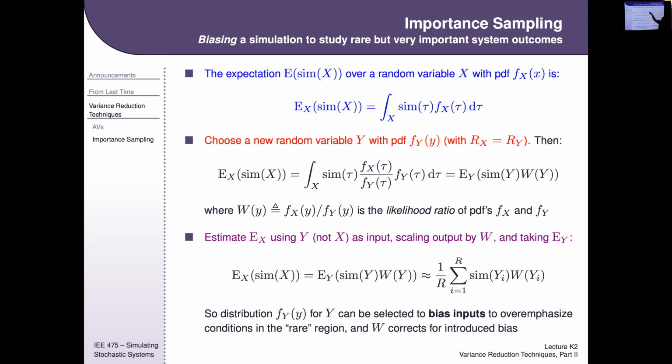I'm integrating over all of the values in my input model, taking the particular simulation at that value of the input model times the probability of that value from the input model.